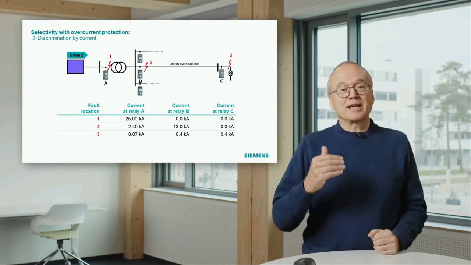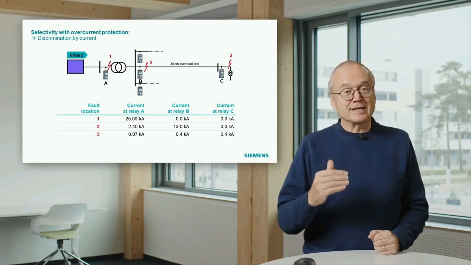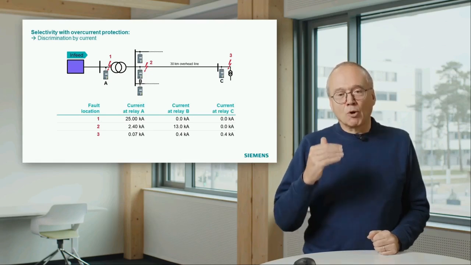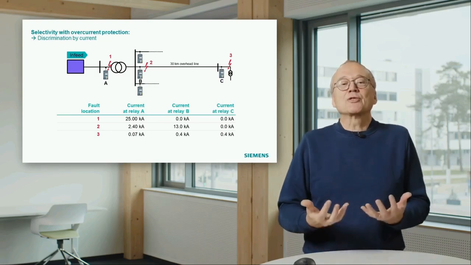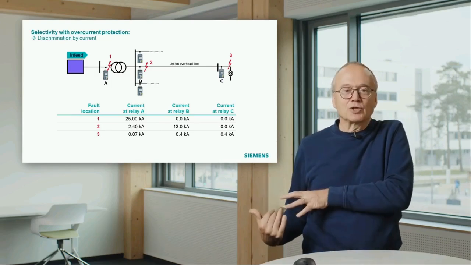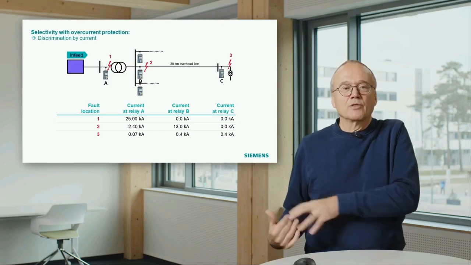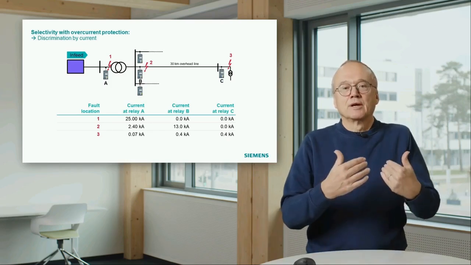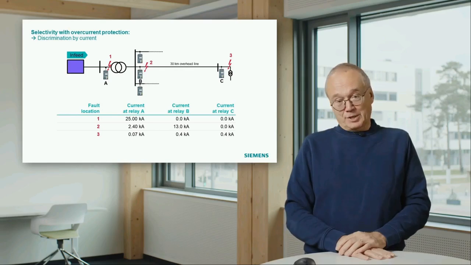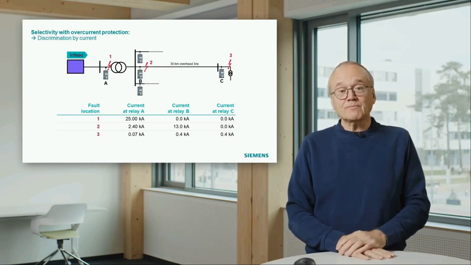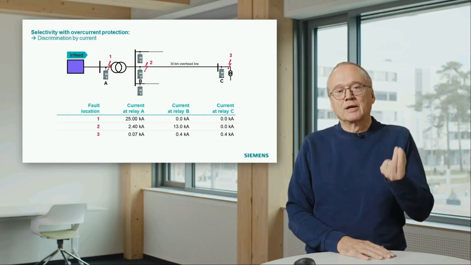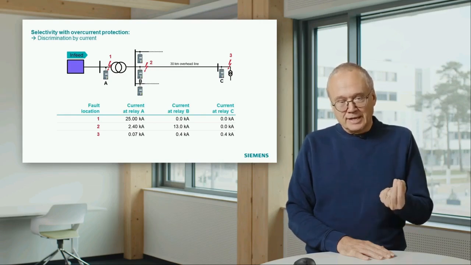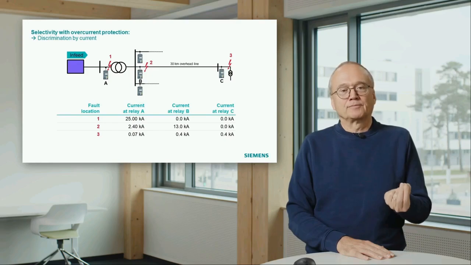That means if relay A sees a current of more than 13 kiloamp, it knows this cannot be somewhere downstream. This must be on the high voltage side of the transformer. And for that reason, it can take this information as a base for a fast trip.